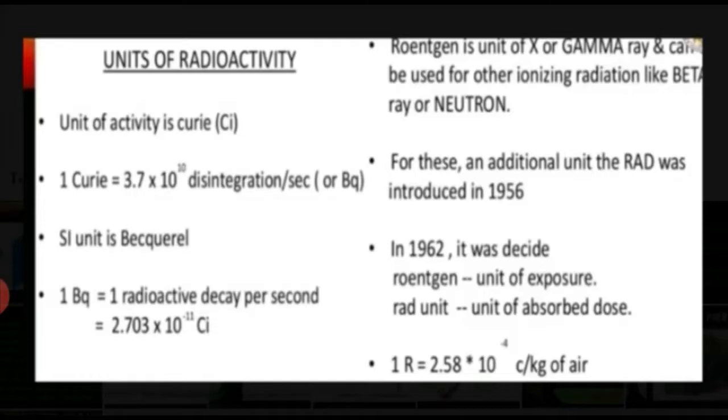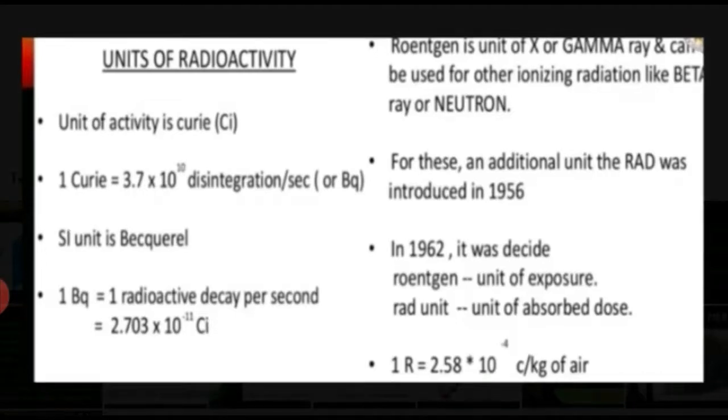Next, in 1962, it was decided Roentgen is the unit of exposure. Rad is the unit of absorbed dose. That is, 1 Roentgen is equal to 2.58 into 10 to the power minus 4 coulomb per kilogram of air.